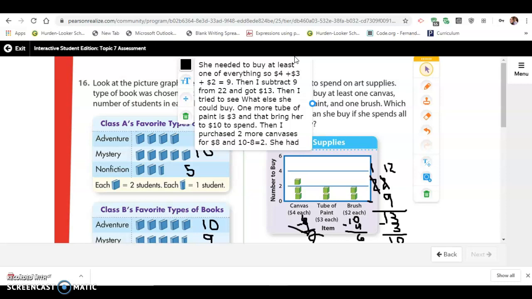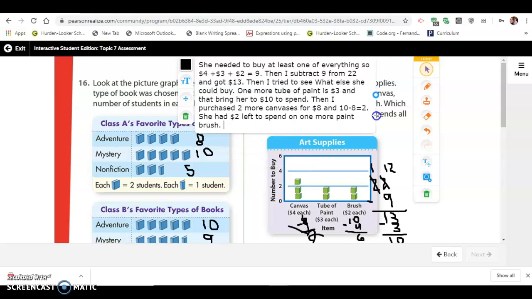She had $2 left to spend on one more paintbrush. I know it's a very long explanation, but at least it gets all of the points across that need to be said.